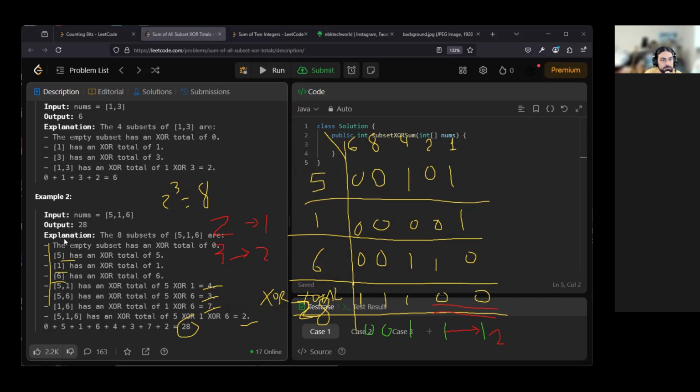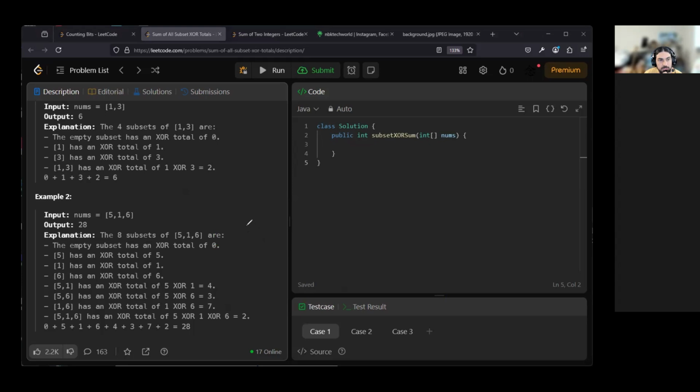Basically, what you're going to find is the XOR total is going to match if you take the OR. However, it's always going to be shifted. You have to take the thing and ignore those zeros. Let me show you here.